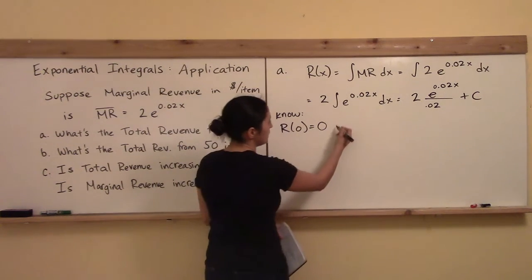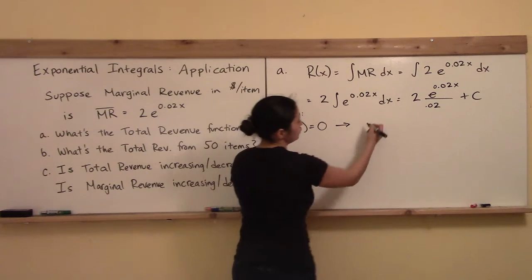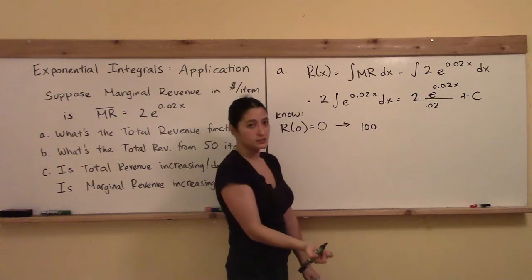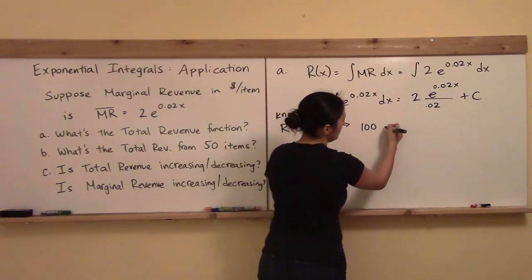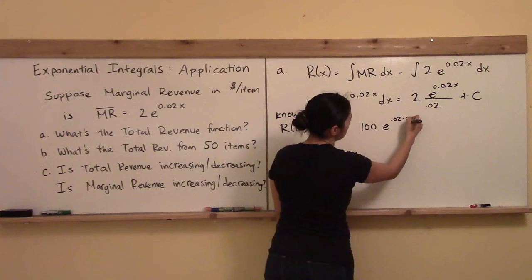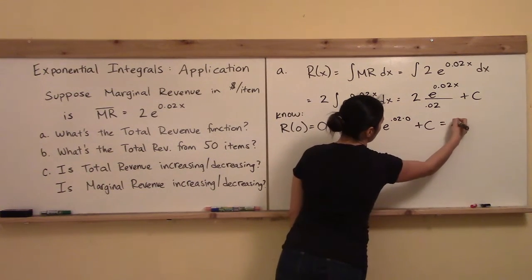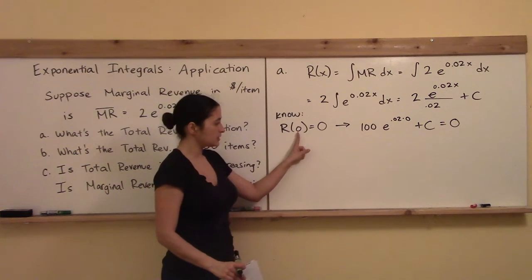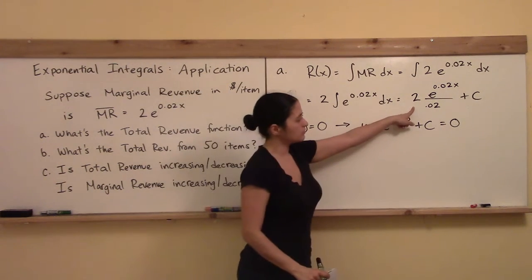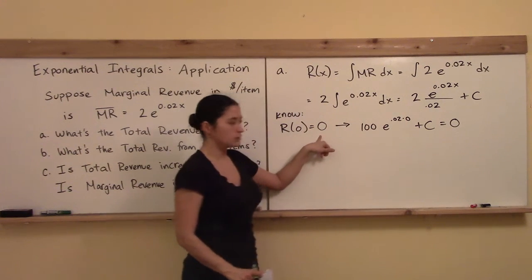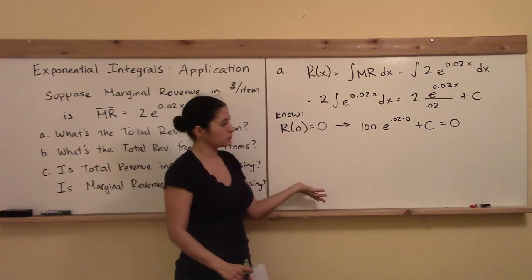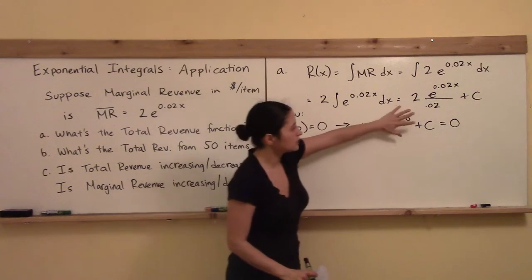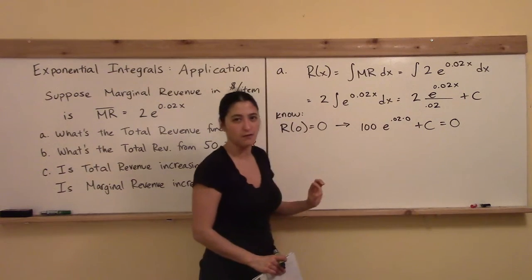Okay, so let's see how this solves out for c. So 2 divided by 0.02 is 100. So I'm going to put 100, same thing as 2 divided by 0.02. And then e to the 0.02 times 0 plus c is supposed to equal 0. Okay, this is the statement that I get when I plug in the value x equals 0 into the antiderivative that I obtained, and then I set it equal to the output so I can see the relationship for c. Here's where it gets that c doesn't equal 0. Usually this term was canceling out quite a lot, right?